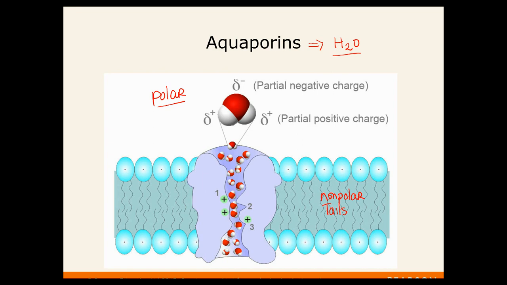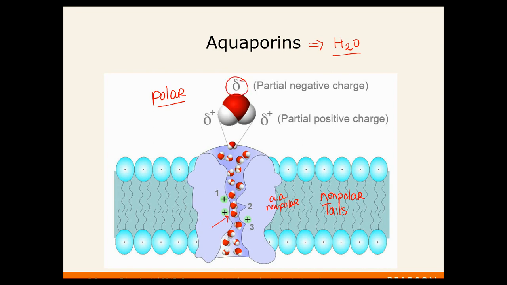Interestingly enough, then, the amino acids that will touch the lipid bilayer would have to be our nonpolar residues. And then the amino acids that will be in contact with the water, if you think about it, will have to complement water's polarity. So here, see, this has the oxygen that's partially negative.